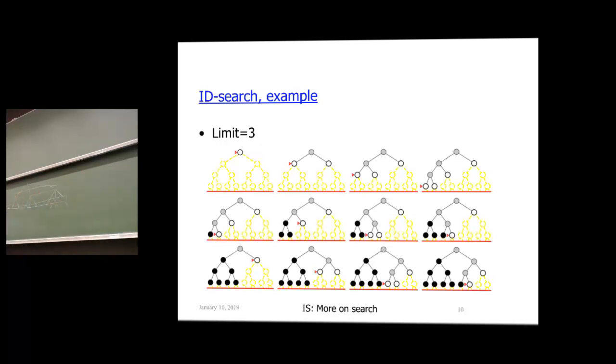So now I have 9 times 3, which is 3 to the power of 3, so it's 27 nodes. Yeah? But now what you can see is that this number is so much bigger than the number of nodes that I have above. Yeah? So basically, if I take all the levels above, I get 30 nodes.